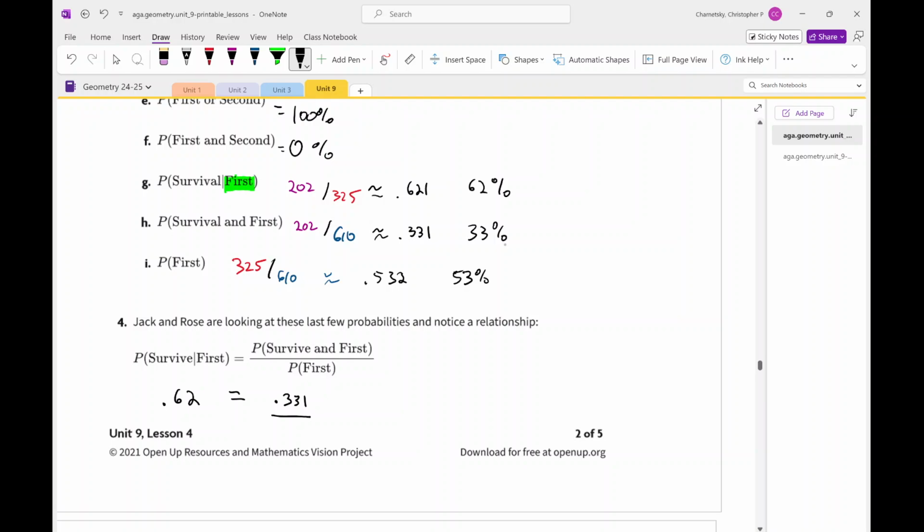Out of just the probability of just being a first class passenger. And if we check that on our calculator, .331 divided by 0.532 does give us about 62%. So that does check out.